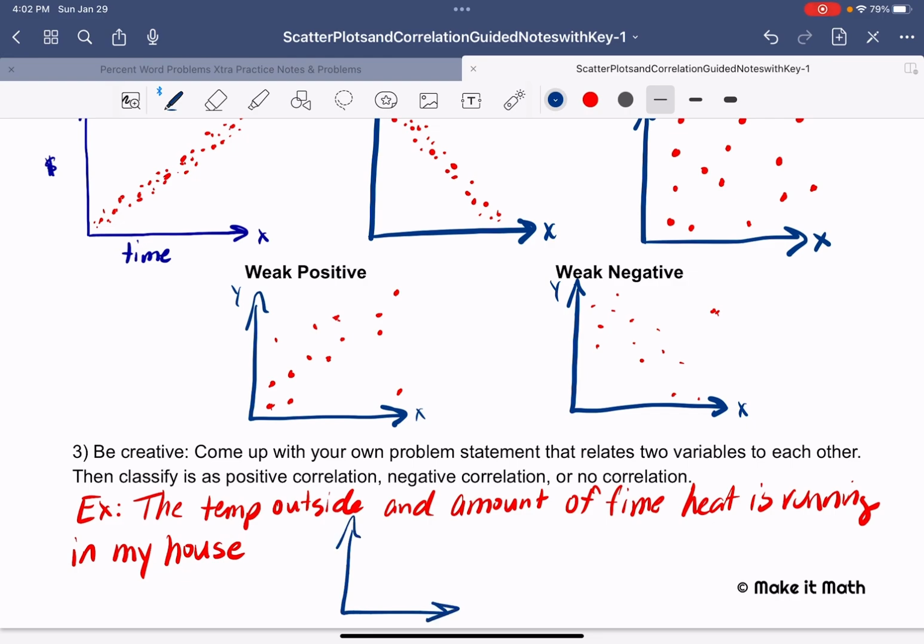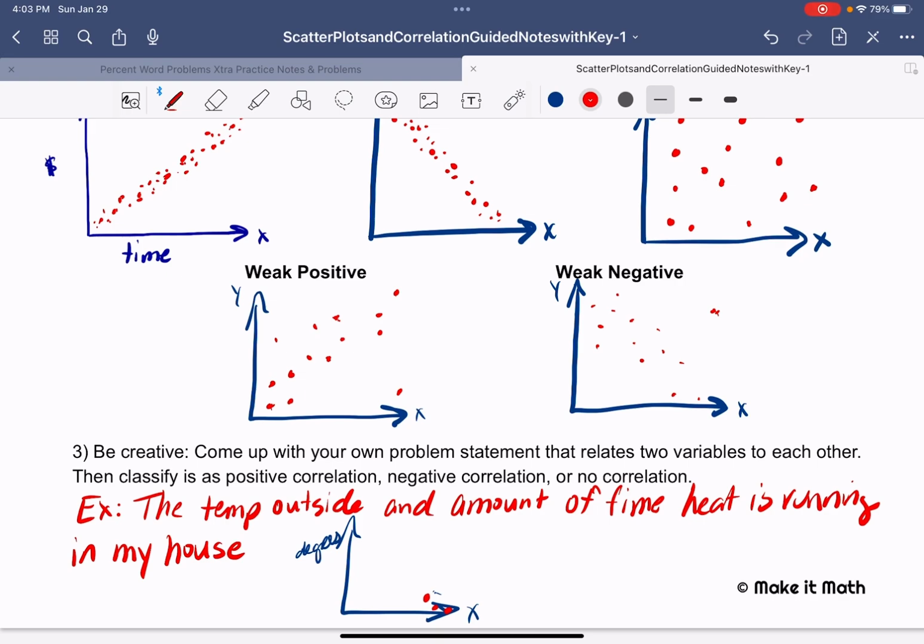So the temperature outside, time is this, right? So this is my degrees. Degrees are on this side. So if the temperature is really, really cold down here to 0, do you think I'm going to be running my heat a little bit longer? I would say yes. So let's just say this is my temperature is 0 degrees. I'm probably going to be running my heat way out here, right?